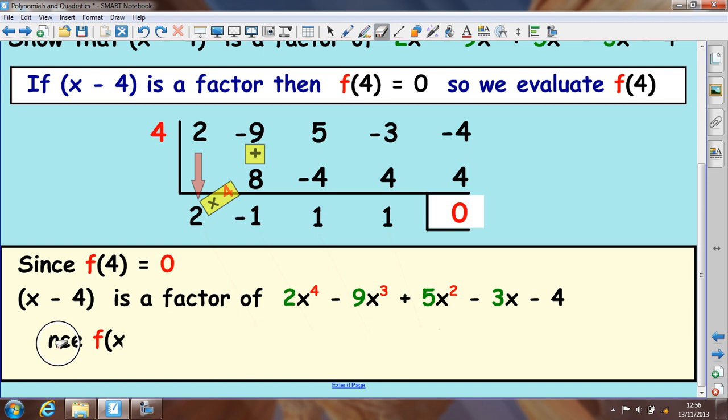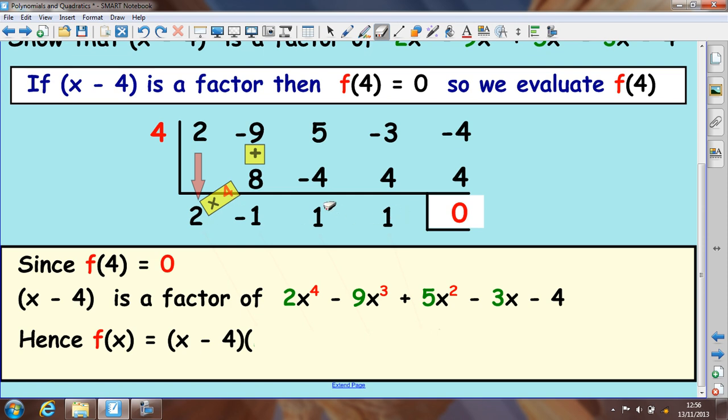But what do you multiply x minus 4 by to get this? Well, the answer is in this part at the bottom called the quotient. This is the number value, this is the coefficient of the x value, this is the coefficient of the x squared value, and this is the coefficient of the x cubed. It goes in this order.